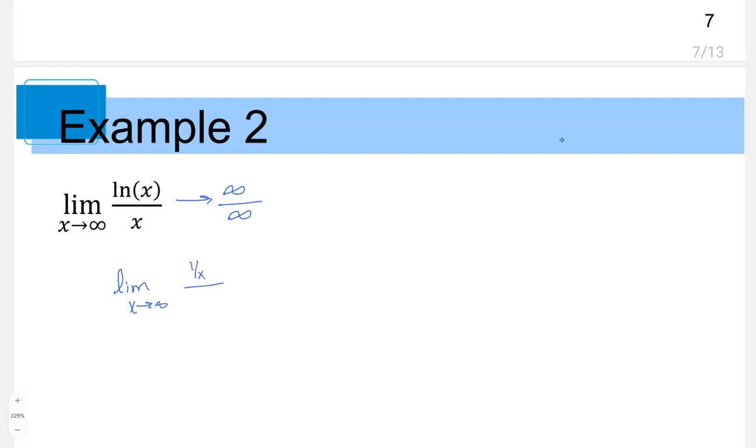The derivative of the bottom is 1. So I'm thinking about that x getting super big. I'm going to represent that this way. So as the denominator gets larger, the whole fraction is shrinking. So it's heading towards 0.